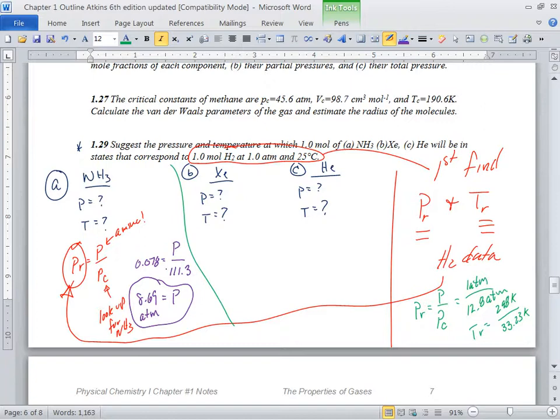All right. So you need to find, we're talking about which gas? Ammonia. So here's ammonia, and there's its PC, 111.3. So all these critical pressures, critical volumes, critical temperatures for all these gases, you don't memorize them, you look them up.